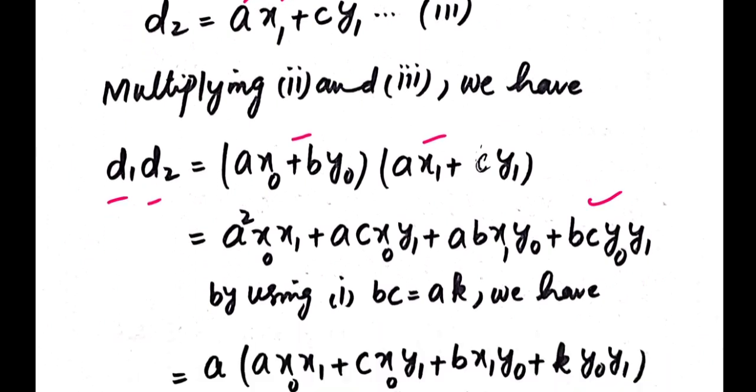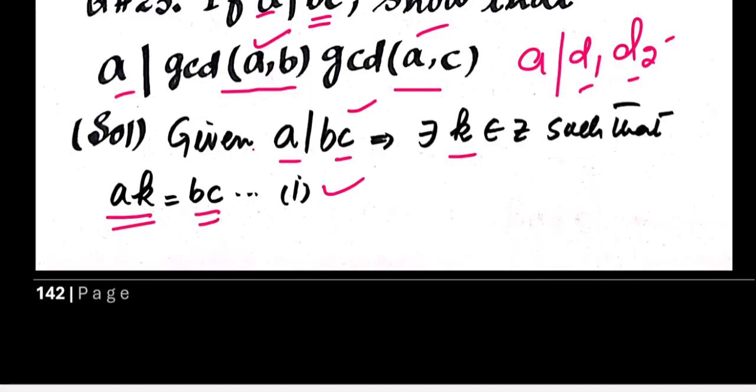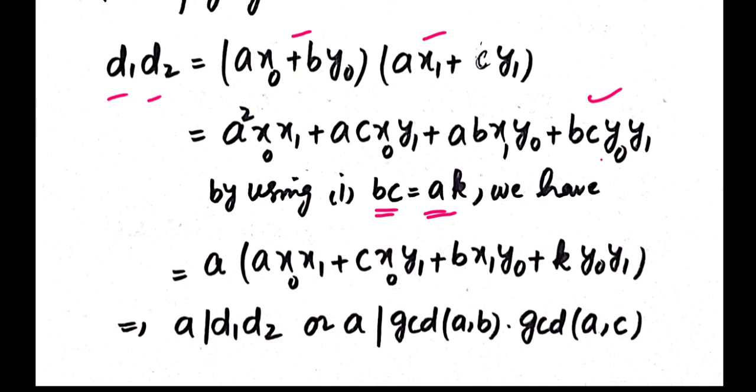Now using equation number 1, which says this number BC is equal to A times k, so substituting the value of BC here, the whole expression contains A. So taking A as a common factor, we get A times x0 x1, C x0 y1, B x1 y0, and here we have the term y0 y1 BC, after substituting the value of BC, which is equal to Ak.